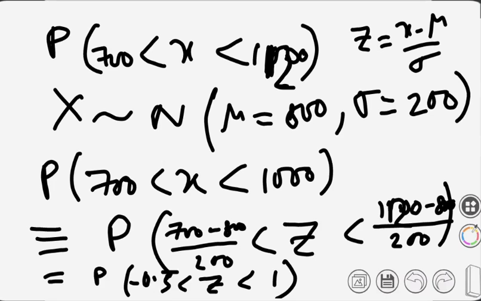So 1120 minus 800 is 320. 320 by 200 is how much? That gives you 1.6.